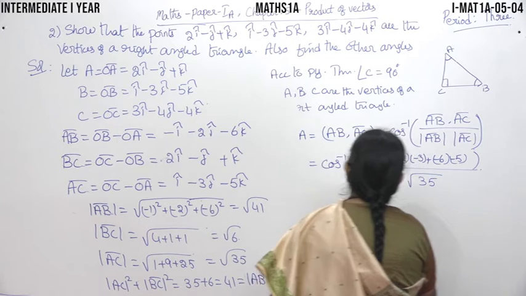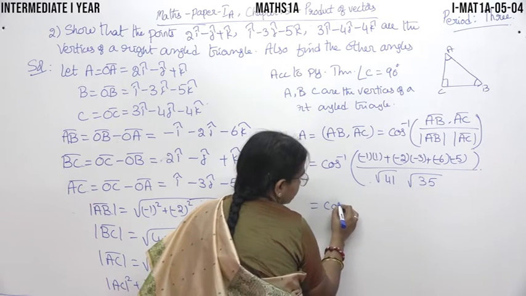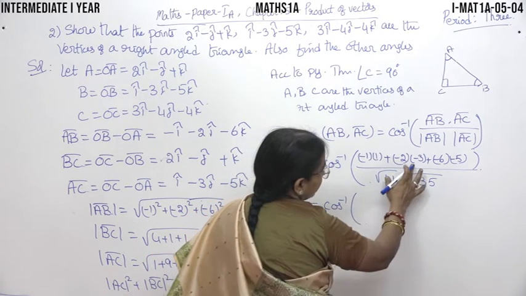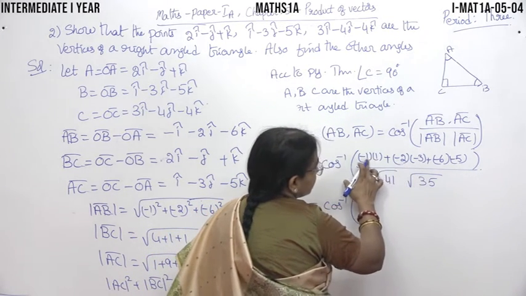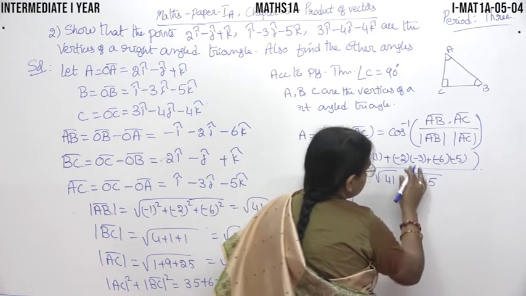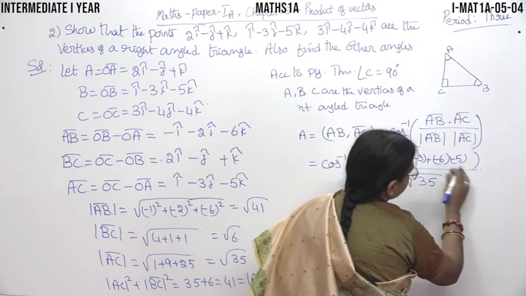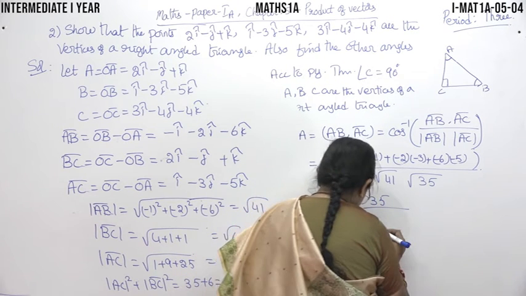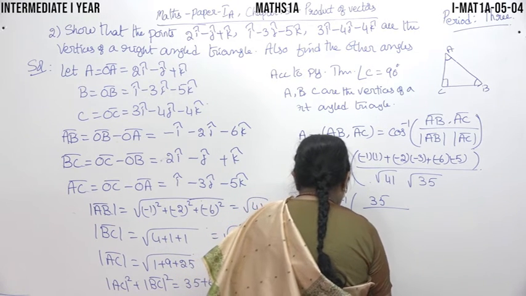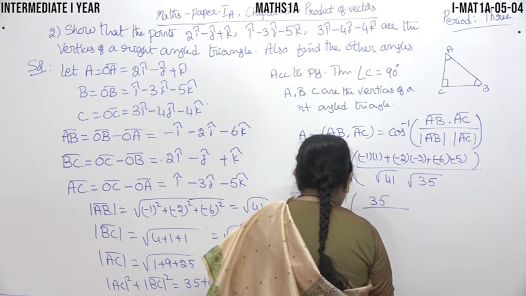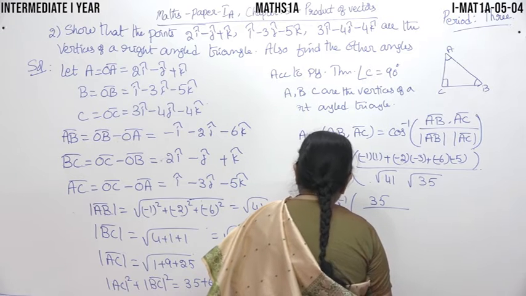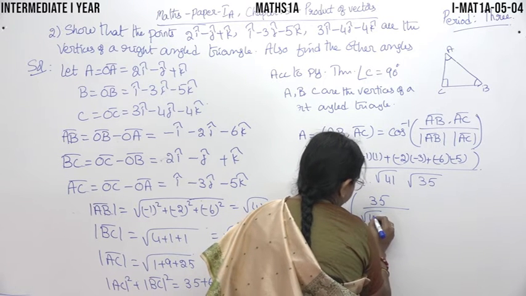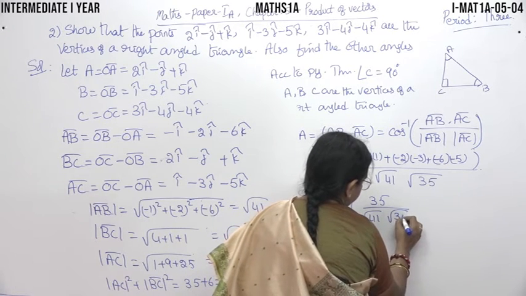So it is equal to cos inverse of, minus 1 plus 6 plus 30 is 35, so 35 by root 41 into root 35.